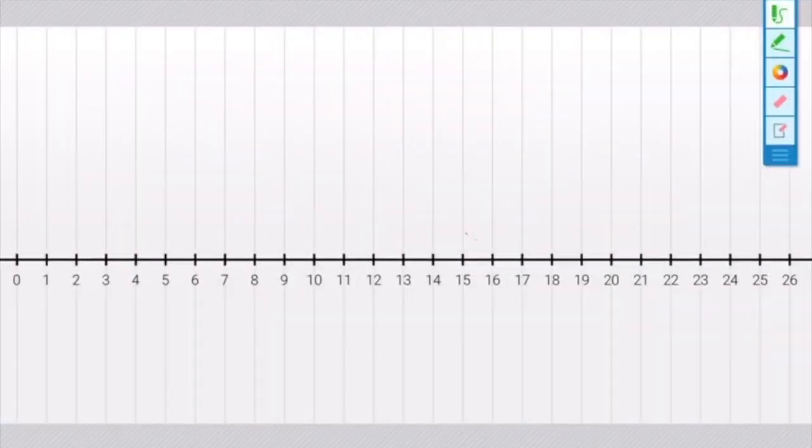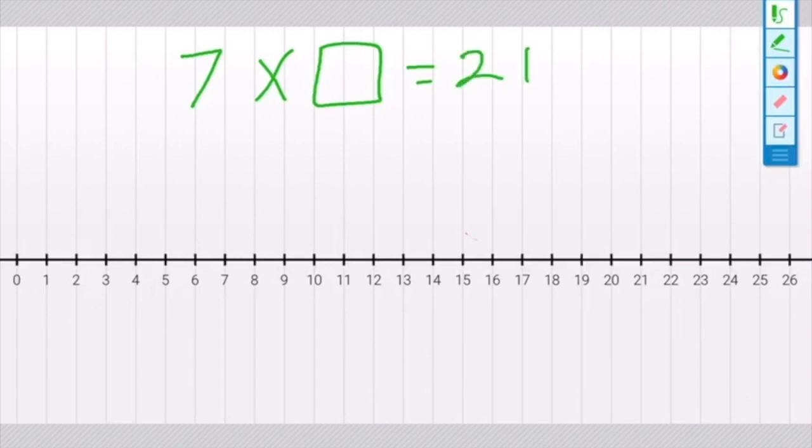Let's try another one. So let's say I have 7 times blank equals 21. So I know 21 is my product, so I'm going to put my dot on 21. I know that's the total that I'm trying to get to. That's my endpoint. I'm starting at 0, and I'm going to count by 7.